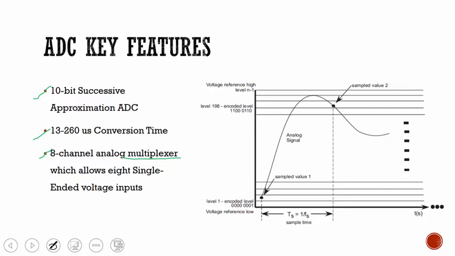The figure on the right here shows us an analog signal and some of the key features that we need to be aware of, as well as the terminology. As you can see, an analog signal is basically something that changes continuously over time.